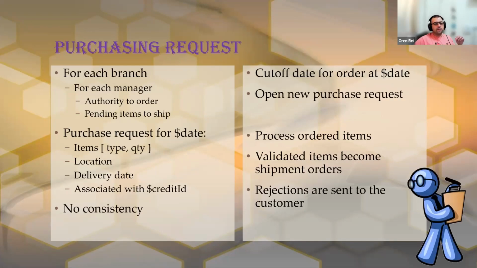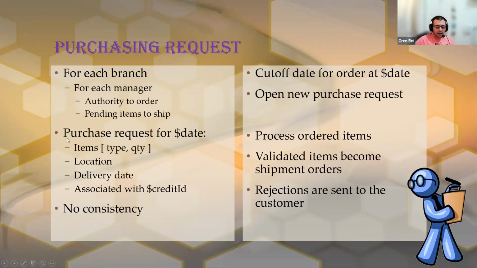And the answer starts when we talk about actual physical documents. We have this notion of a purchase request, which is a document. For each branch, for each authorized person inside that branch, they have the authority to order. And what they do is they are adding items to ship to the open order.